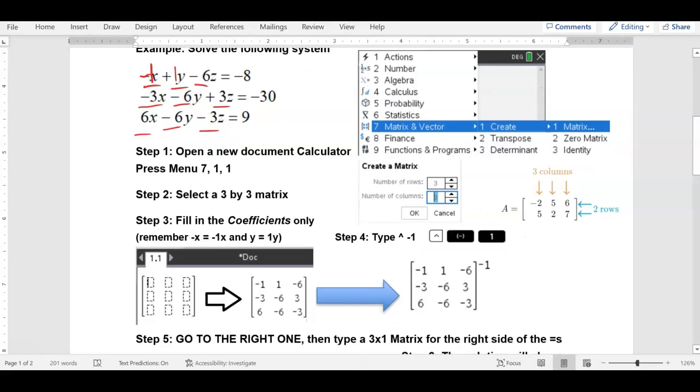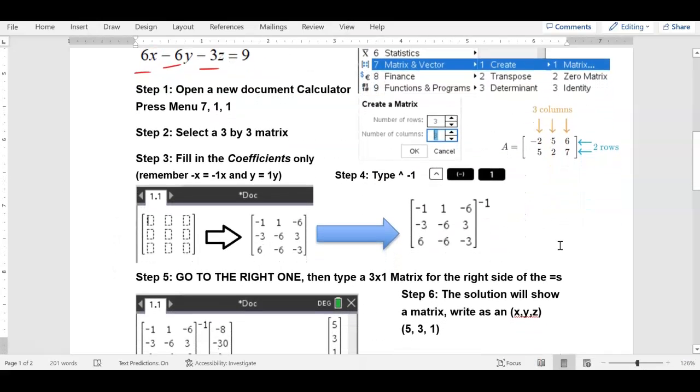Now you can see on step 3, I already filled this in. This is what it looks like when you fill it in, okay? If you remember from earlier in these notes, we need this to be an inverse matrix, okay? So look at step 4 off to the right here. What you need to do is go outside of the matrix and press caret -1.